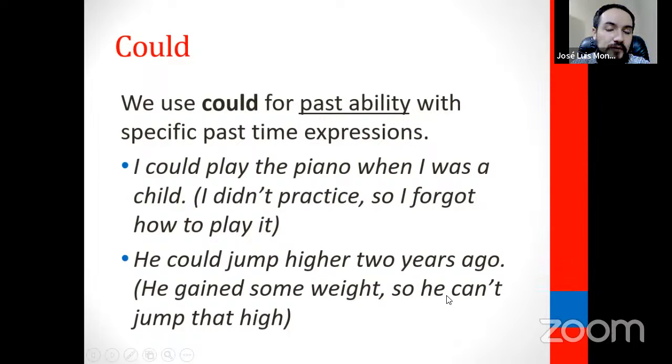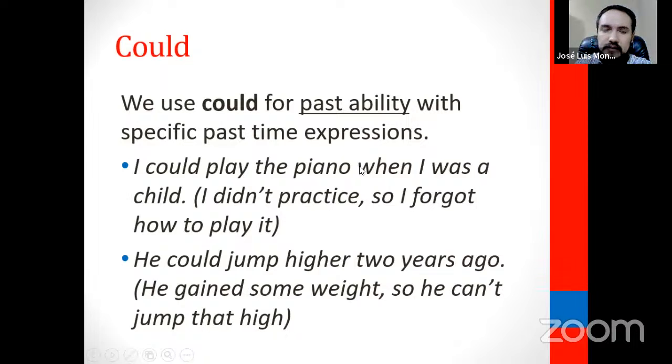So, as a consequence, he can't jump as high as he was able to in the past. So again, this is a past ability because we cannot do this anymore. He was able to do it, he could do it, but it is not the case right now. Okay, very simple.